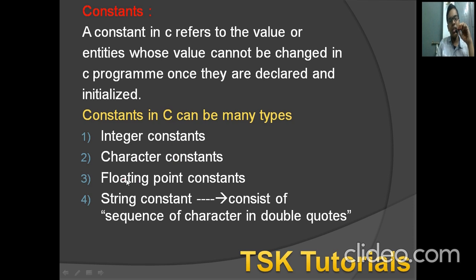Floating point constants: as we have discussed what float is and why it is used, floating point constants declare the decimals which have to be declared as constant, and the integers which have to be declared as constant will be stored here. String constant consists of a sequence of characters in double quotes. What a string is will be discussed later in the upcoming slide.